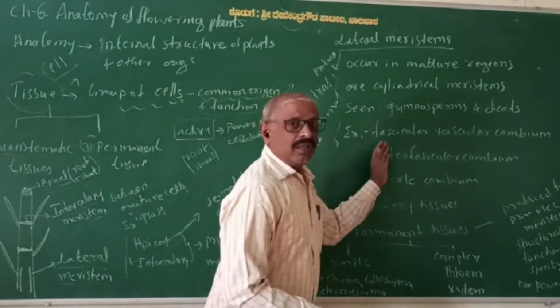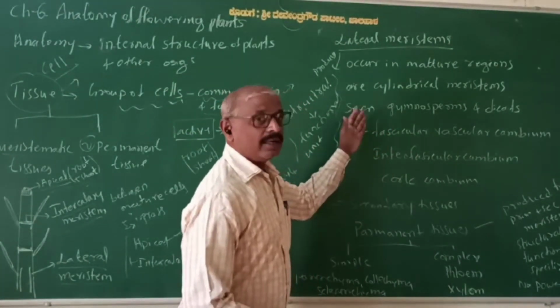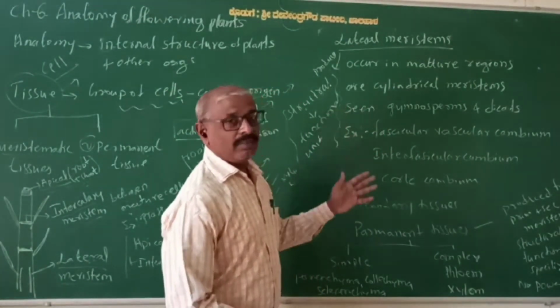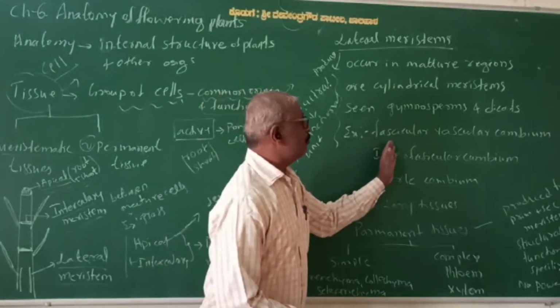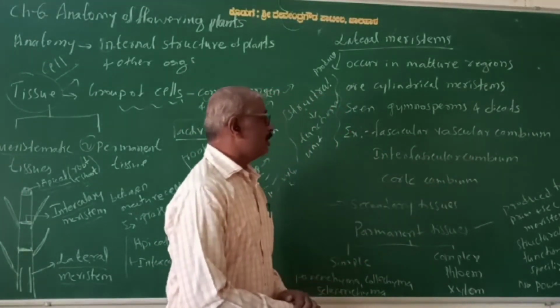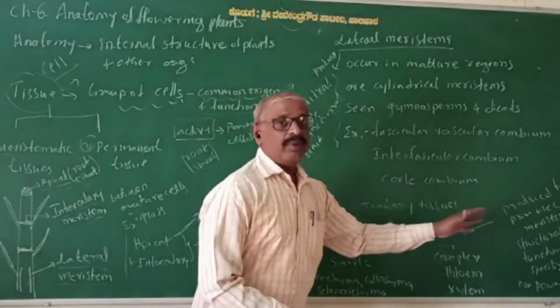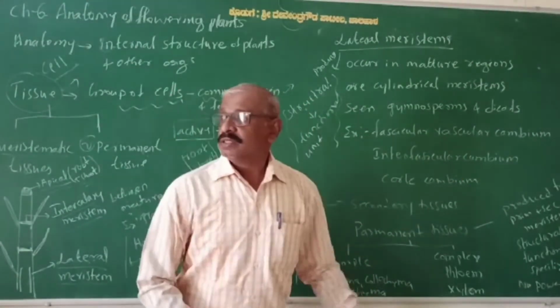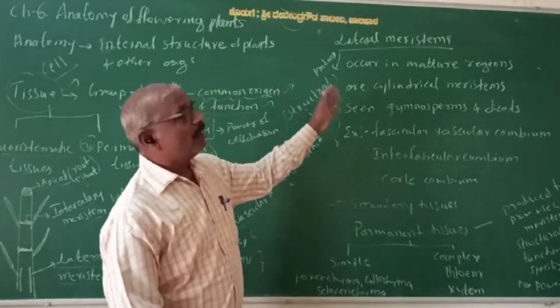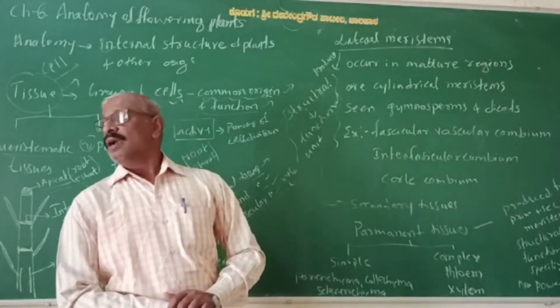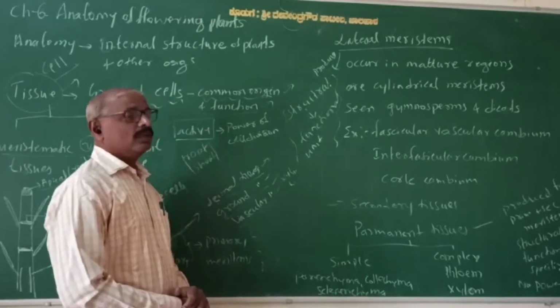So examples for the lateral meristems, ಒಂದಿಷ್ಟು ಎಕ್ಸಾಂಪಲ್ಸ್ ಗಳು ಯಾವಂದ್ರೆ ಫೆಸಿಕ್ಯುಲರ್ ವೆಸ್ಕ್ಯುಲರ್ ಕ್ಯಾಂಬಿಯಂ ಅಂತ ಹೇಳ್ತೀವಿ, interfascicular ಕ್ಯಾಂಬಿಯಂ ಅಂತ ಹೇಳ್ತೀವಿ, cork ಕ್ಯಾಂಬಿಯಂ ಅಂತ ಹೇಳ್ತೀವಿ. These are all examples for the lateral meristems. ಇವೆಲ್ಲ lateral meristems ಗೆ examples.